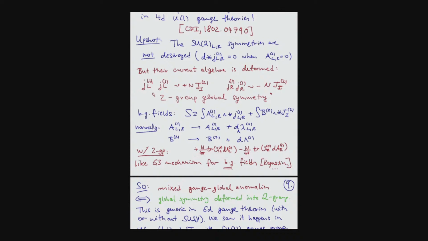And of course, in a given string construction, this might be very obvious. For example, in the brane construction I reminded you of for the little string theory, the B field was the actual string theoretic B field, and this Green-Schwarz shift is actually the string theoretic Green-Schwarz shift. The only thing that happens in the decoupling limit is that they get frozen and become background fields. So any intuition you can derive from that, you can transplant to this case.